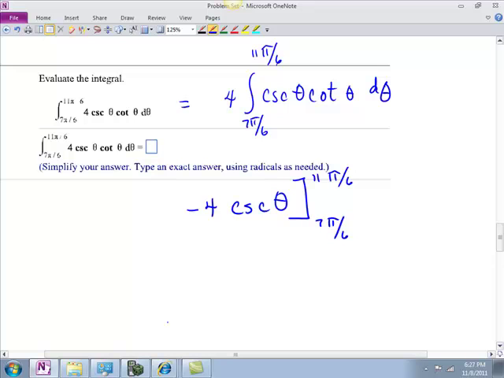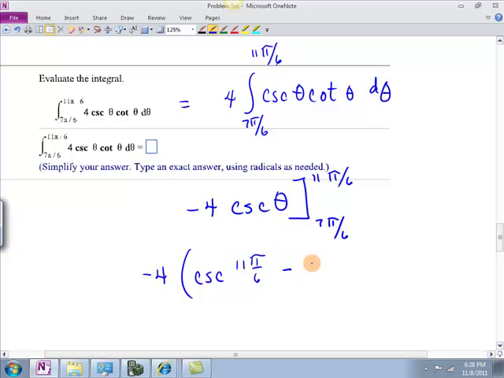You know, what's the tan of 11 pi over 6? Okay, but what do we get? What do we get for cosecant of pi over 6? What's that one? Negative 2.